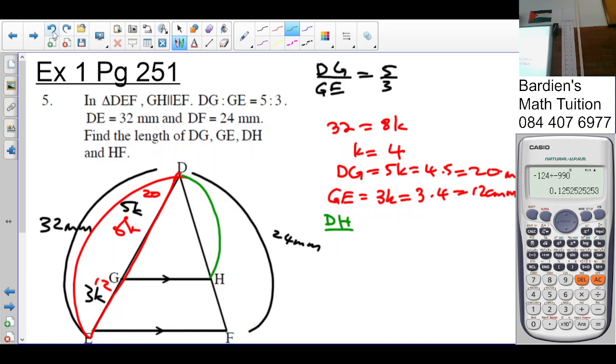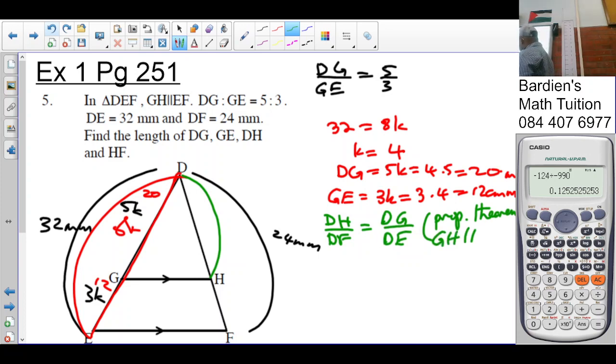You guys understand? So DH over DF is equal to DG over DE. Why? It's the proportionality theorem with GH parallel to EF. So DH is what we would calculate.